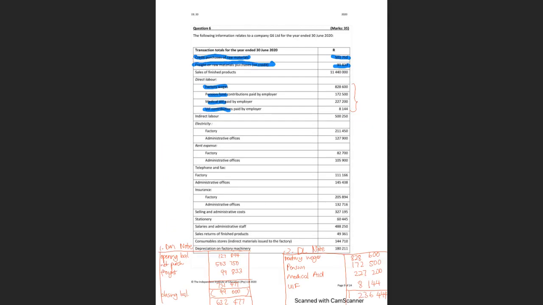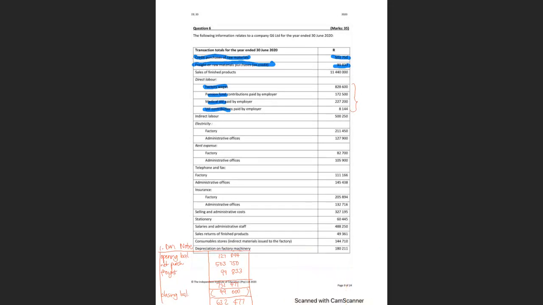Now let's look at your overhead. So here, let's identify all of your overheads. I'm going to clear everything at the bottom because we no longer need these. So for your overheads, it's everything apart from your direct material and your direct labor, but still costs incurred within the factory.